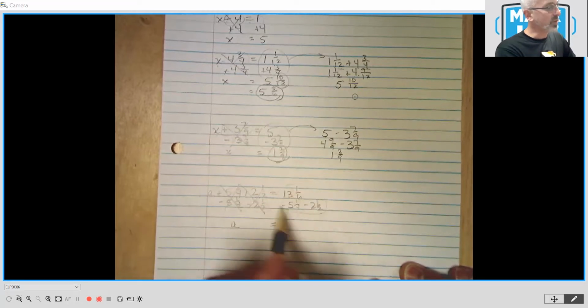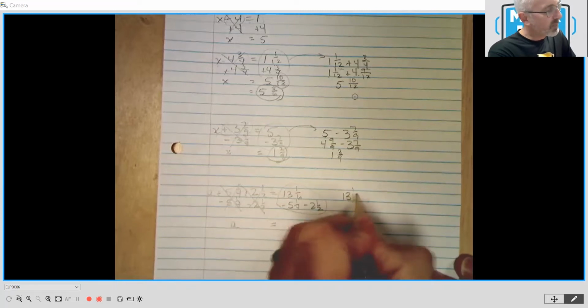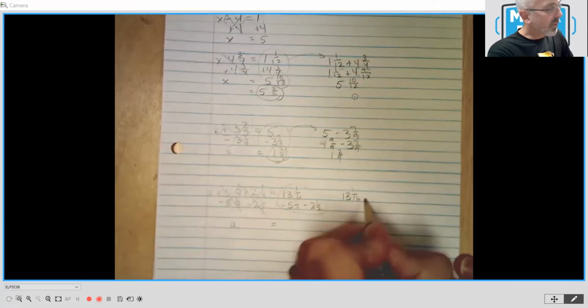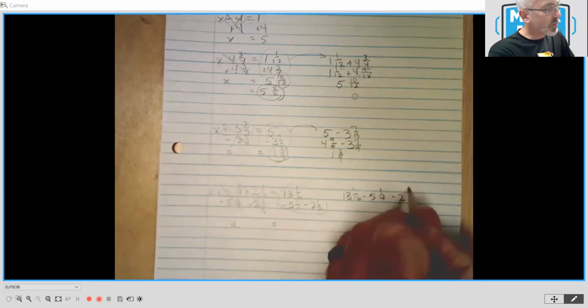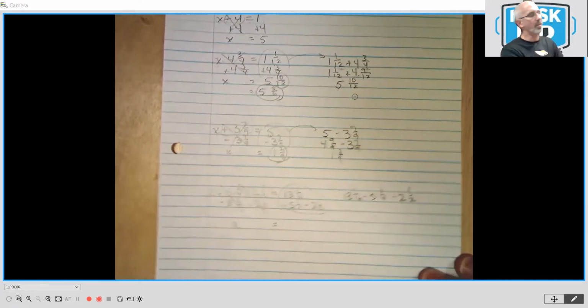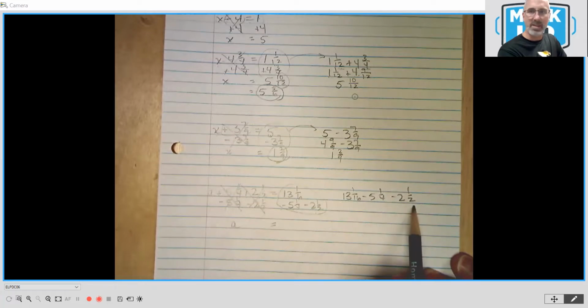Now let's rewrite this to make it a little bit easier to read. 13 1/6 minus 5 1/4 minus 2 1/2. Okay, so we have three mixed numbers, and we have to notice that they are definitely not the same denominator. So we need to get them the same denominator.